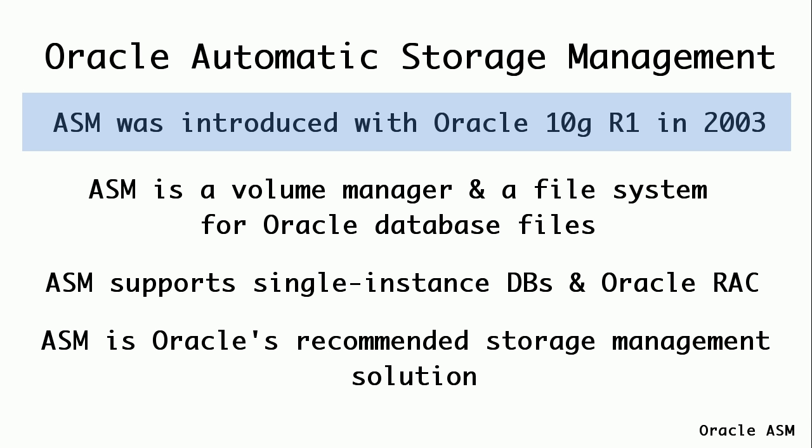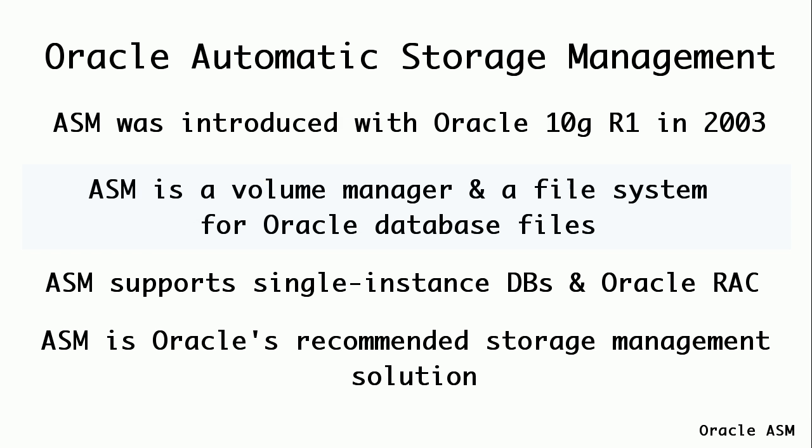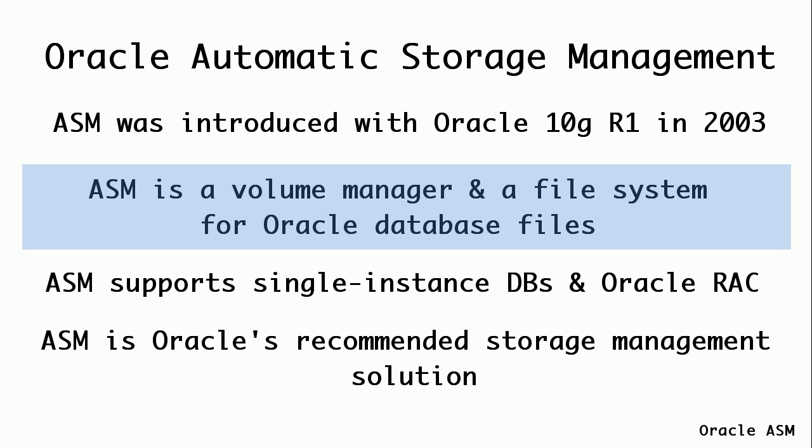Oracle Automatic Storage Management, also known as Oracle ASM, was introduced with Oracle 10G, Release 1, in 2003. Oracle ASM is a volume manager and a file system for Oracle database files.